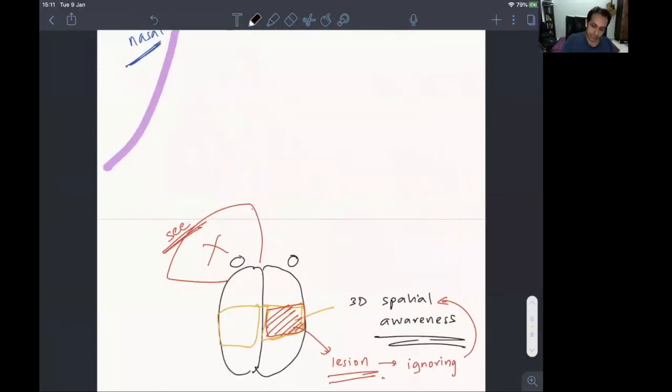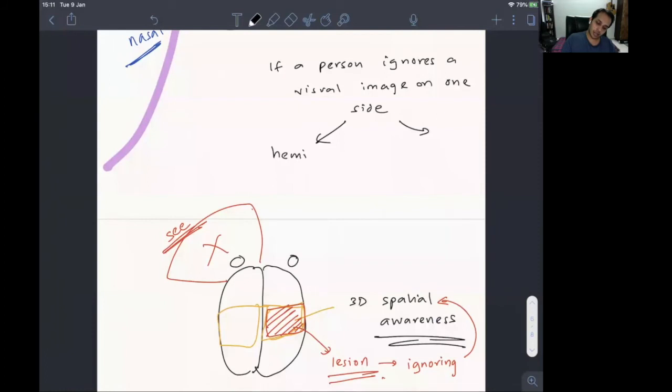So basically, if a person ignores a visual image on one side, it could be either hemi neglect or hemianopia. Hemianopia is can't see, and hemi neglect is sort of like won't see.